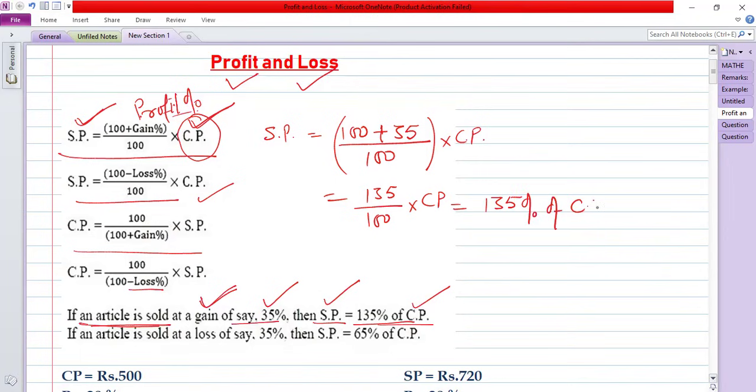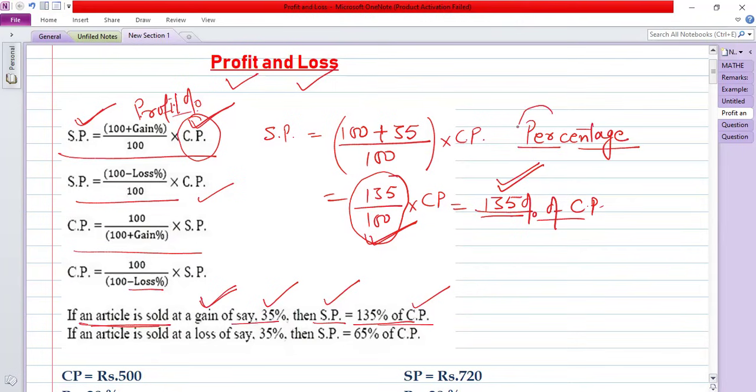This is 135% of the cost price, because here it is a fraction, 135 by 100, but here it is in the form of a percentage. It is the same meaning. What is the meaning of percentage? Percentage means to divide the number by 100.